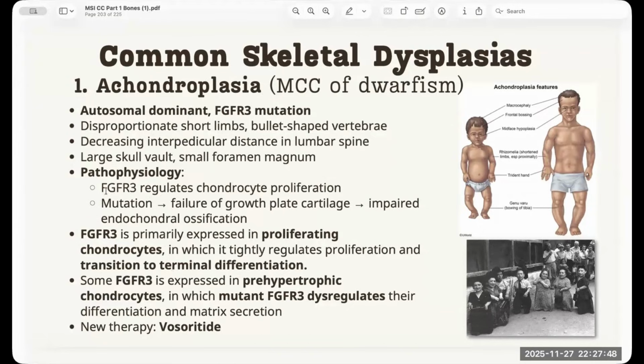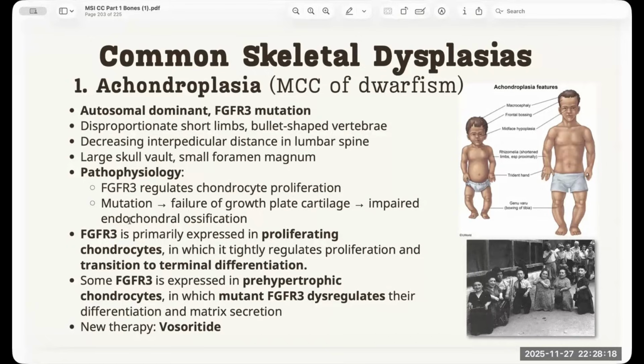The pathophysiology is basically that the FGFR3 mutation affects the regulation of chondrocyte proliferation. Okay. So when it's normal, it proliferates chondrocytes normally, but when it's mutated, it causes failure of plate cartilage and impaired endochondral ossification.